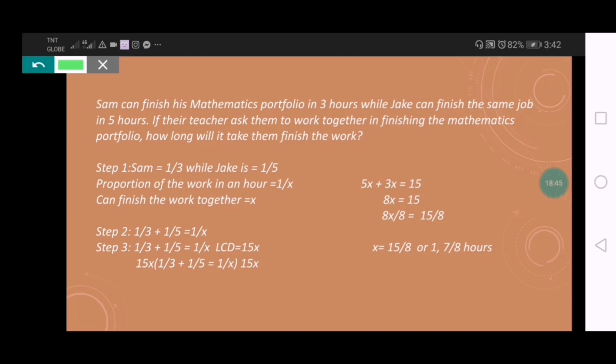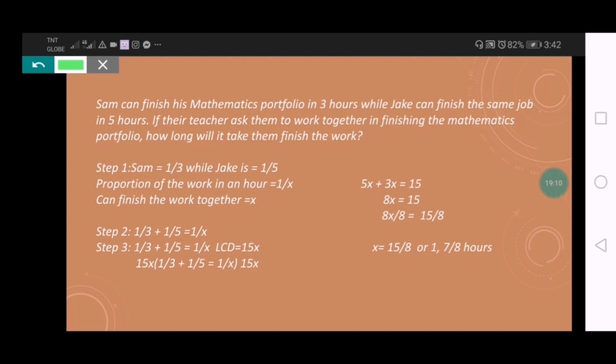Now, divide both sides by the numerical coefficient of x, which is 8. We have here 8x over 8 and 15 over 8. Now, cancel, cancel. So the remaining one is x.